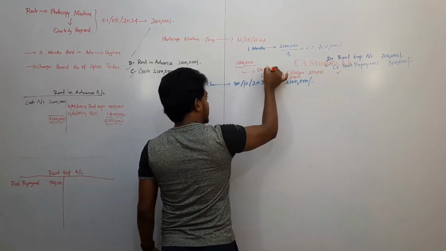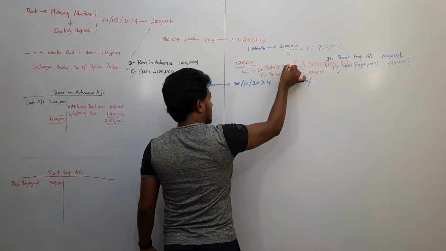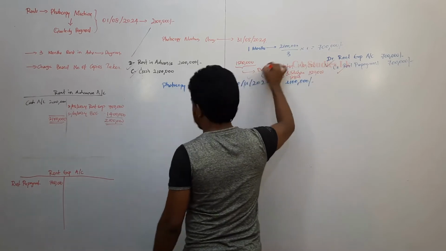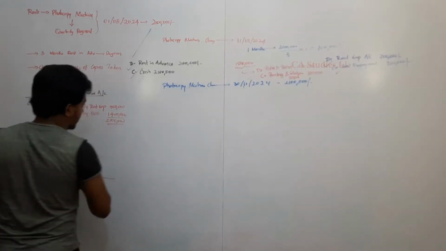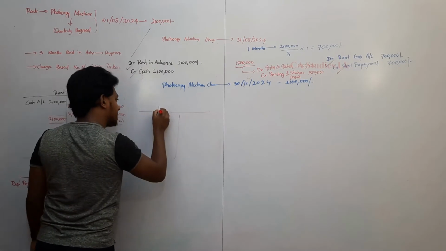So printing and stationery expense increases by 1,500,000. Let's pass this account, right? Let's open a new account called printing and stationery expense account.